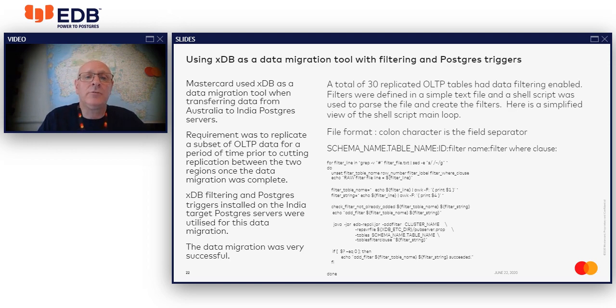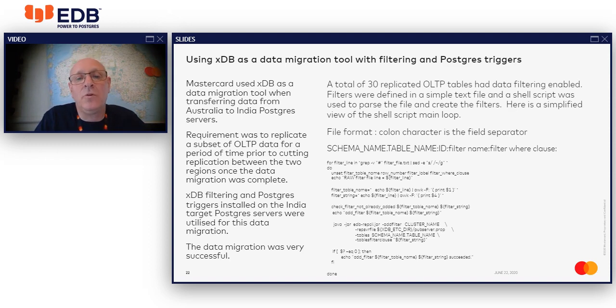There were about 30 tables that had data filtering enabled on them, so it was a bit of a handful to administer the filters for those 30 tables. What I did in that case was put together a config file with the schema name and the table name, an identifier, the filter name, and the filter where clause, all colon separated.